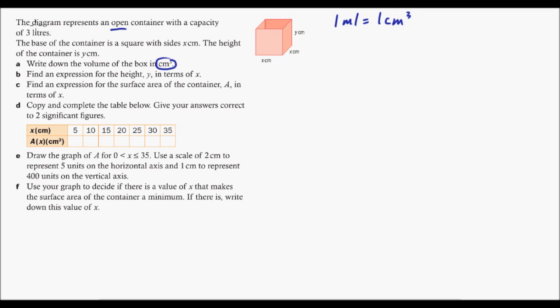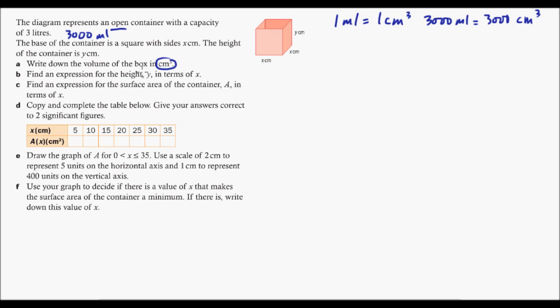So in this case, 3 liters is going to be 3,000 milliliters, and 3,000 milliliters is going to equal 3,000 centimeters cubed. If you didn't know that right off the bat, that would kind of mess you up a little bit. So write down the volume.